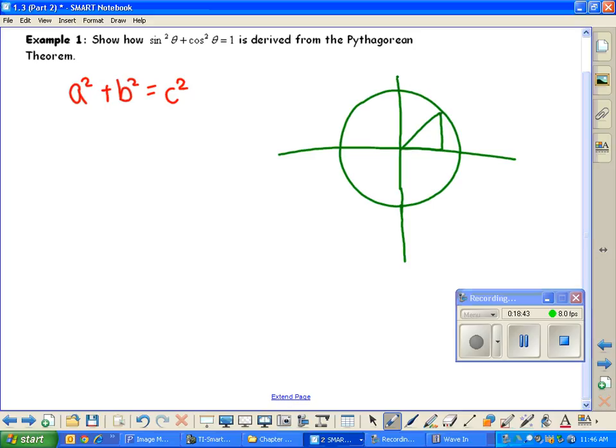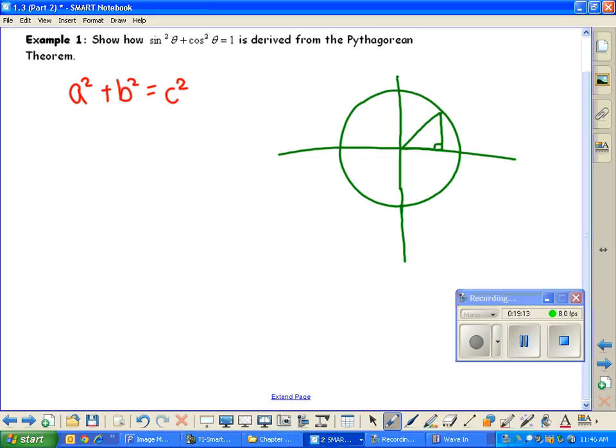We're drawing a triangle inside the unit circle. Why? Because doesn't the Pythagorean theorem apply to right triangles, right? That's the only place this works, is on right triangles. So we're going to draw on a right triangle like we've been doing in a lot of our unit circles when we're establishing things. And we're going to try and relate our equation over there, our Pythagorean theorem, to this triangle inside of our unit circle.